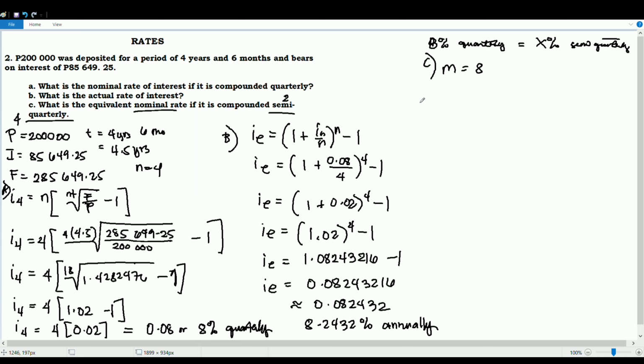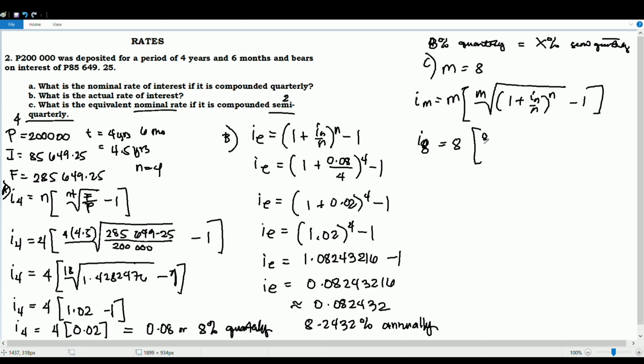So we have to use the formula I subscript M is equal to M times the bracket of the nth root of 1 plus I subscript N over N, raised to N, minus 1 outside the radical. I subscript 8 now is equal to 8 times the 8th root of 1 plus 0.08 over 4, this is quarterly, raised to 4, minus 1. Now we already have an answer for the radicand, which we have already solved in our previous item.